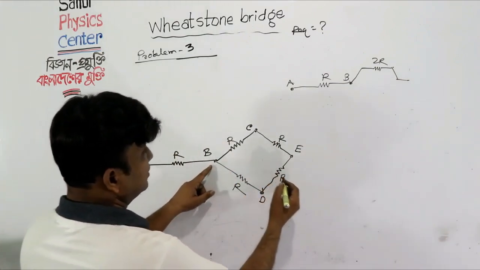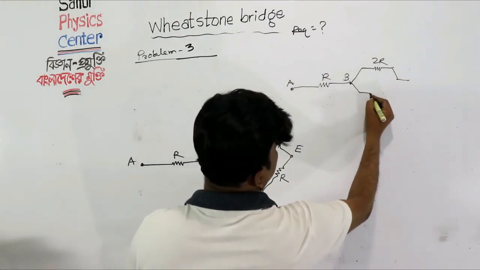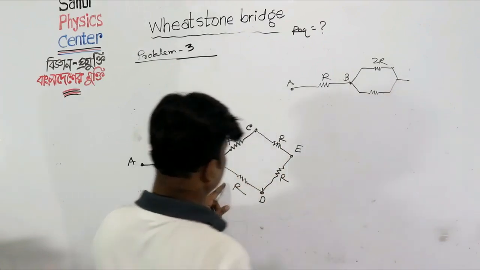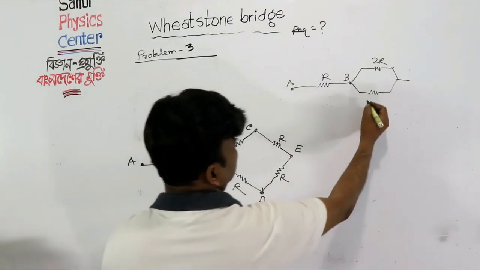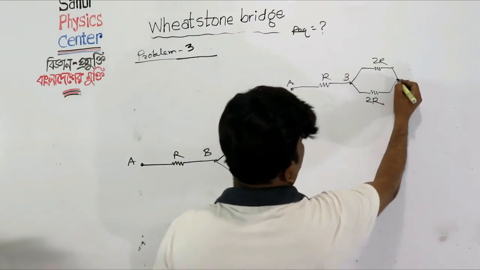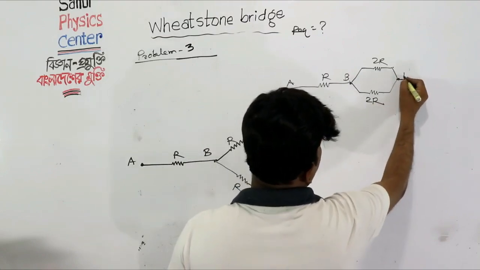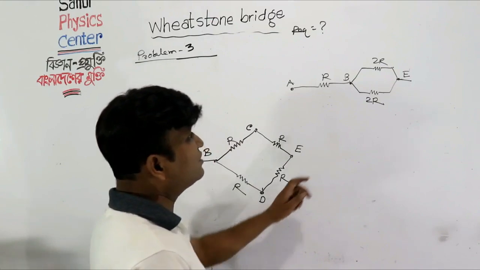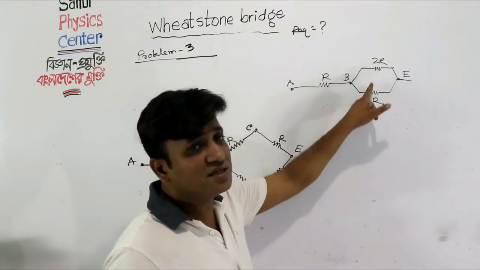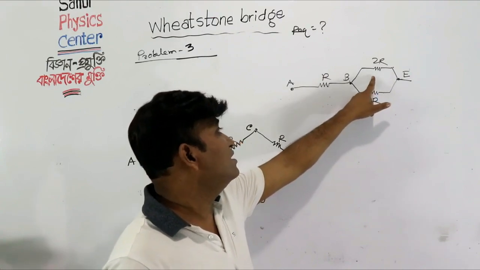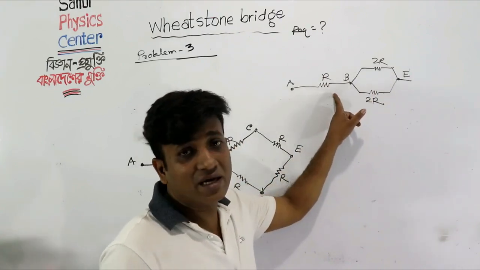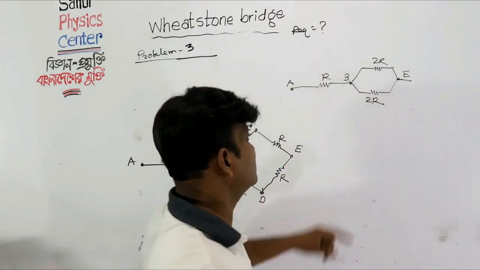Again here the equivalent resistance is also R plus R is 2R. And this point is E. Now these two resistances are connected in parallel, and it is also connected in series with this resistance.